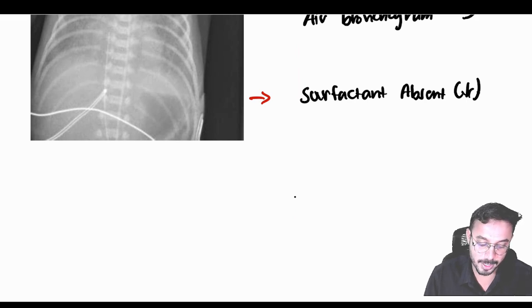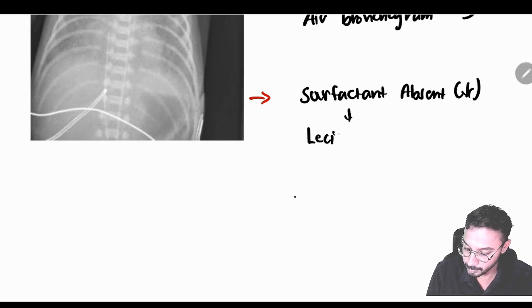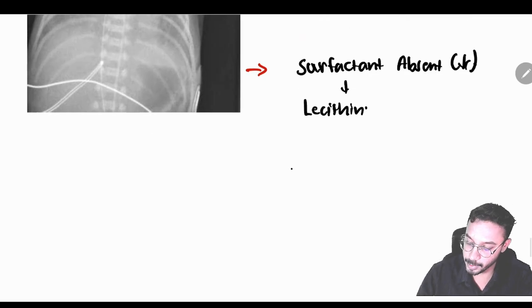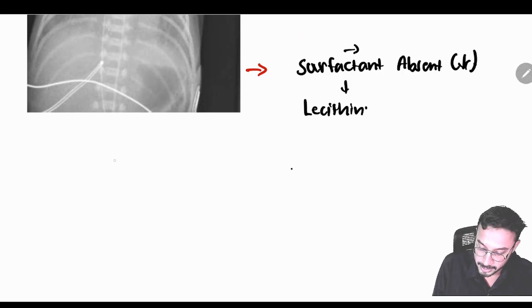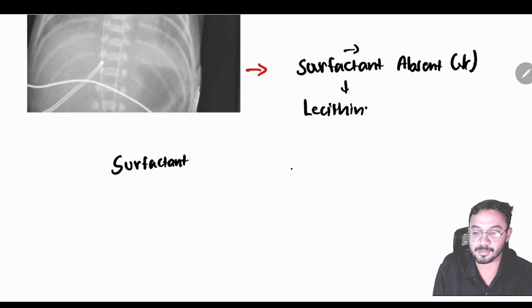So what are all the types of surfactant? We all know, like lecithin. Surfactant is produced by, tell me, type 2 pneumocytes. Type 2 pneumocytes will produce this surfactant. Lecithin is also known as dipalmitoylphosphatidylcholine, DPPC. And we all know, whenever surfactant is less, preterm, RDS.